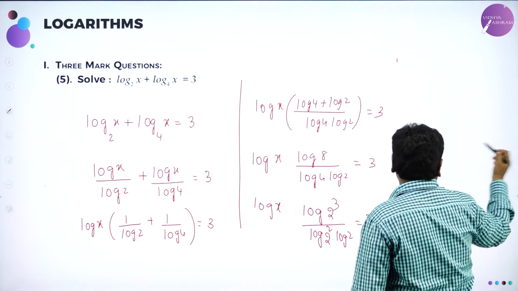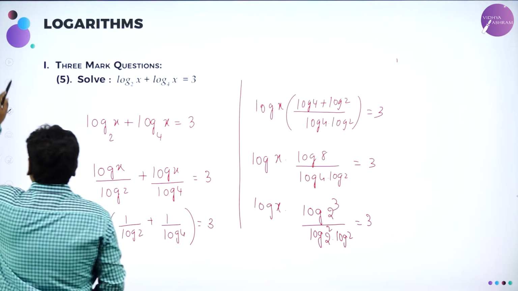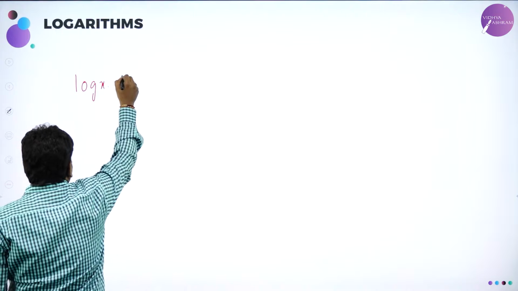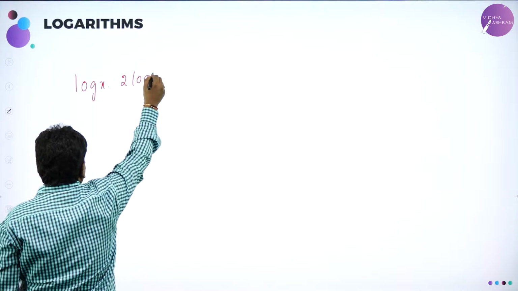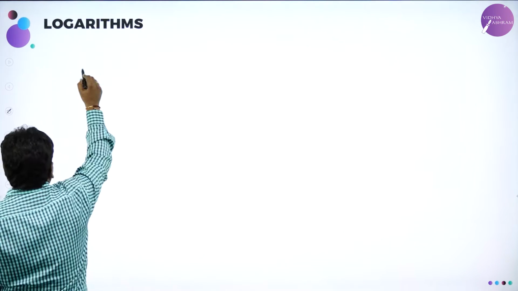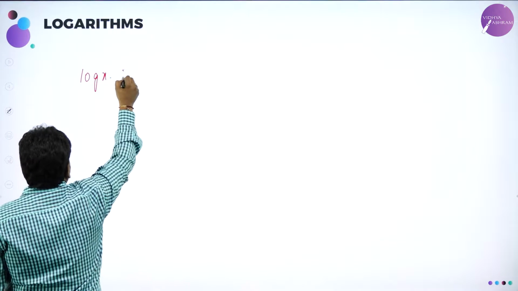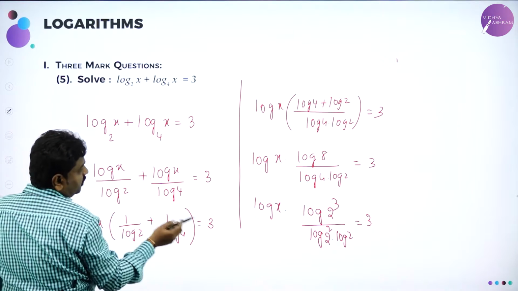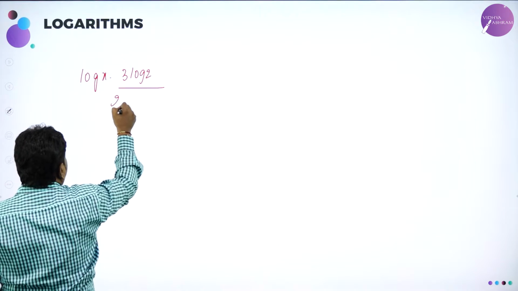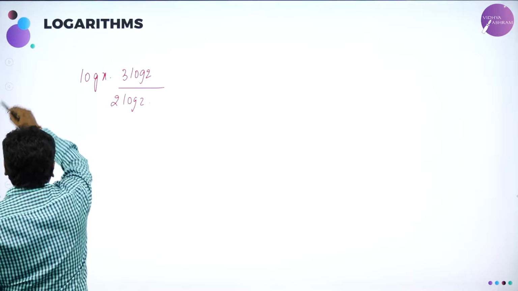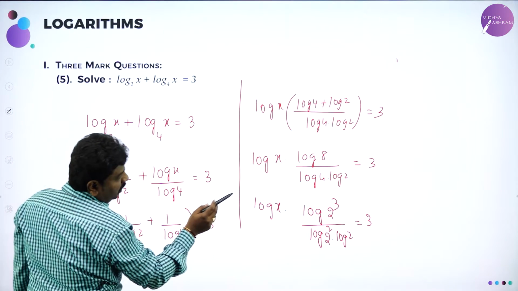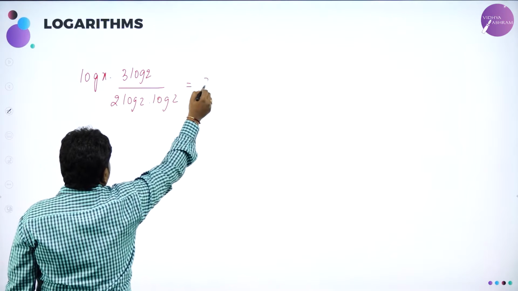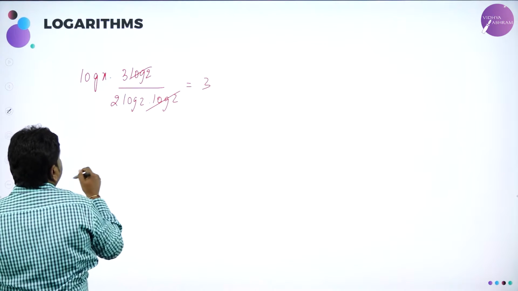So we have log x into log 2 cube, I can write log 2 cube as 3 log 2, divided by log x into, so we have log 2 square, log 2 square I can write 2 log 2, and log 2 let it be as it is, equal to 3. I can cancel log 2 and log 2.